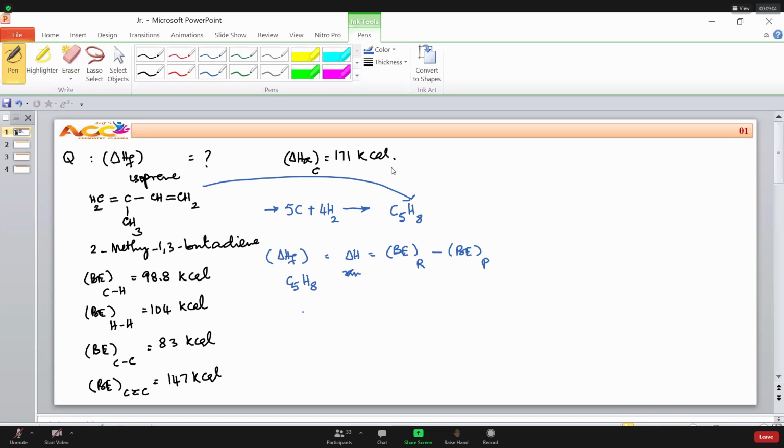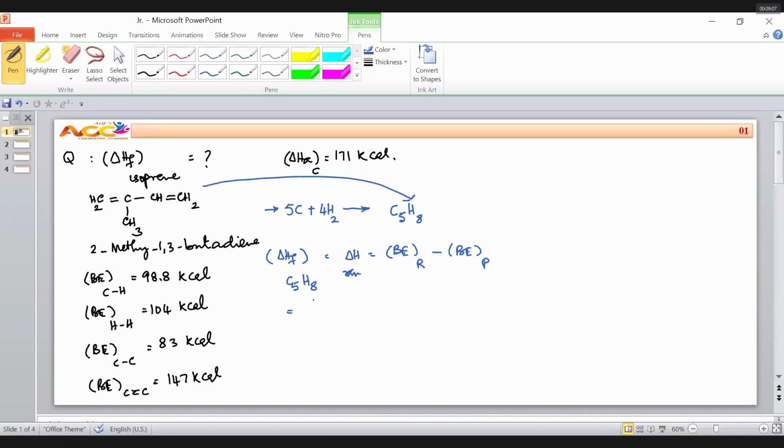Now, bond energy of reactants. How to proceed? Very simple, sir. See this structure. This is the product here. The reactant is this one. So I have to start with bond energy of carbon, but there is no bond in carbon. Wherever there is no bond in that system, we have to use enthalpy of atomization. So for reactants, enthalpy of atomization of carbon, five times, plus hydrogen.